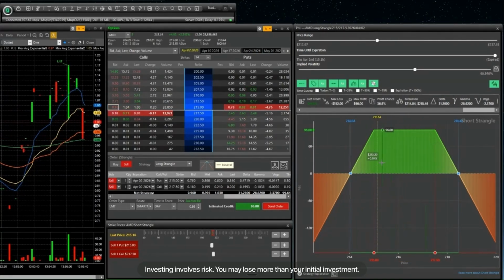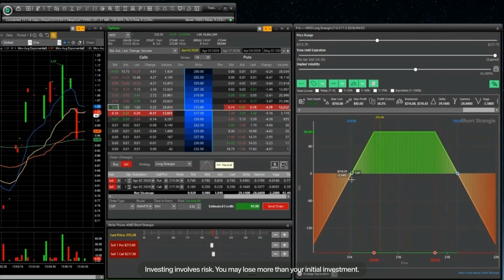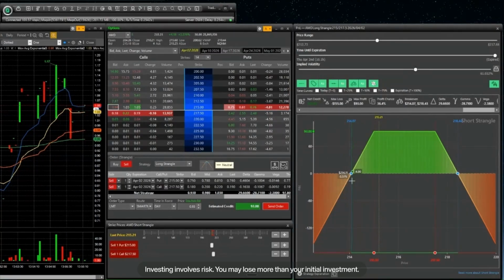Now, in this case, what we're looking for the price of the underlying to do is stay between the range of our break even. So our break even in this case is 214 in terms of the underlying price, the lower band, and the upper band is 218. If the price of AMD, the underlying, goes below the 214 break even, the lower band, we're now in loss.